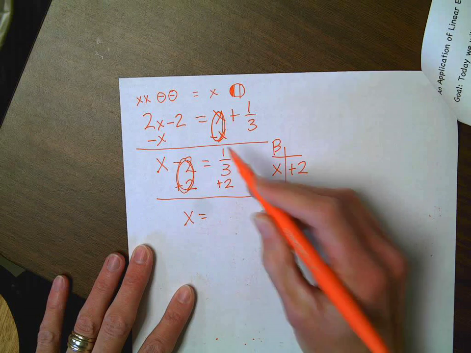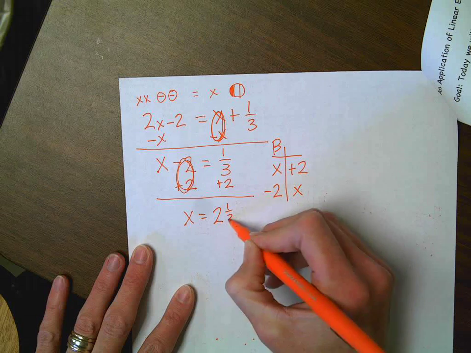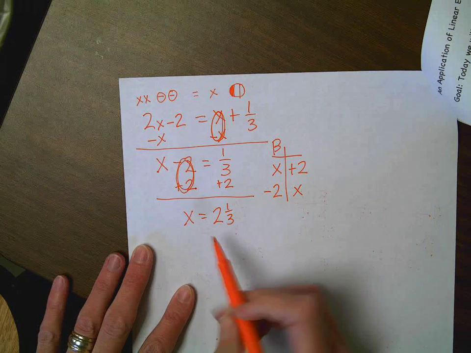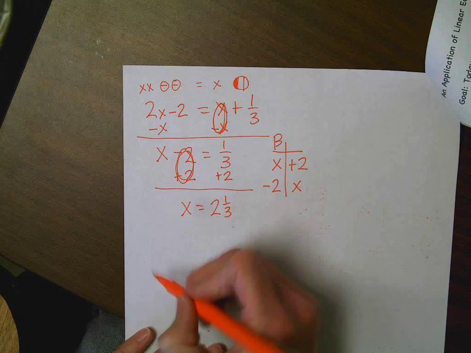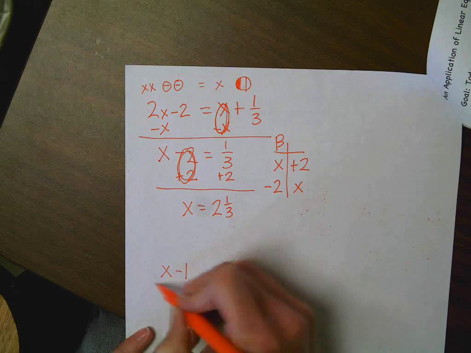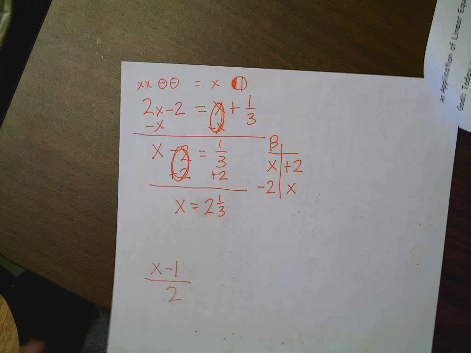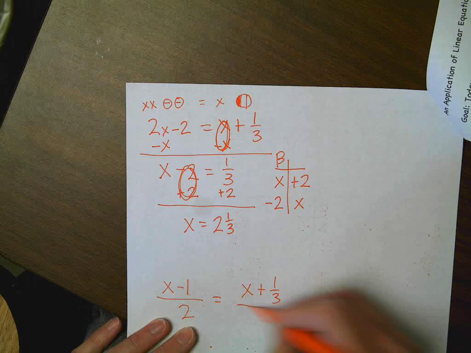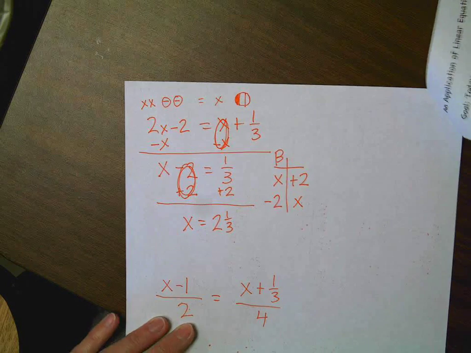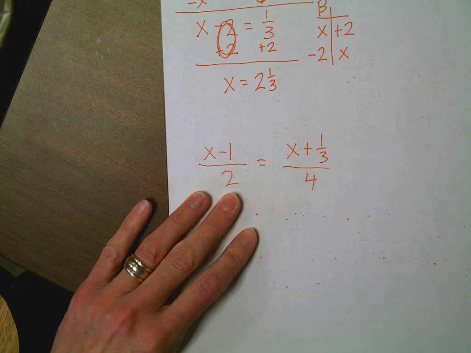And so x plus 0 is x. 2 plus 1/3 is 2 1/3. So now we have found that x equals 2 1/3. Then, I told you at the very beginning, you have to substitute it back in. So this is our original problem: x minus 1 divided by 2 equals x plus 1/3 divided by 4.